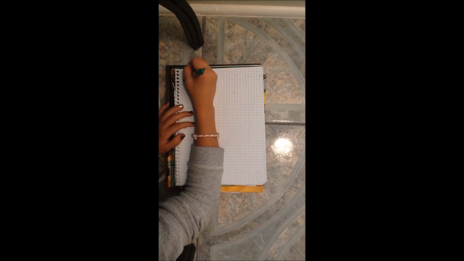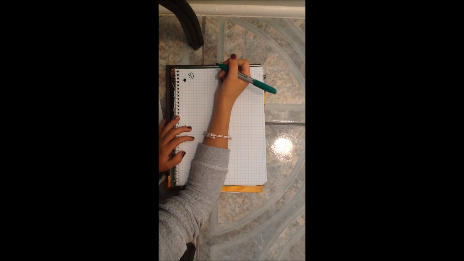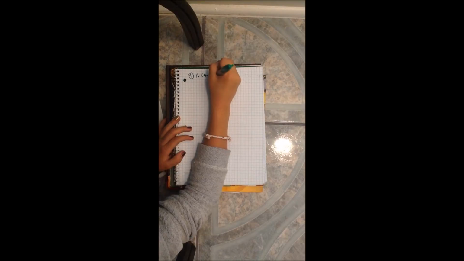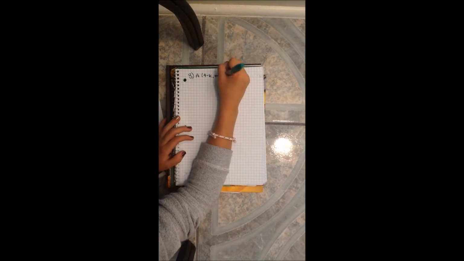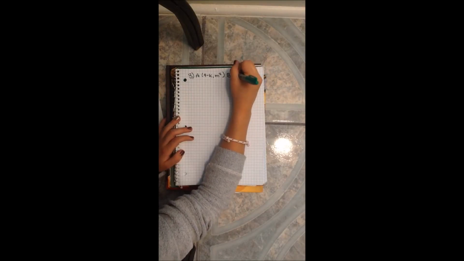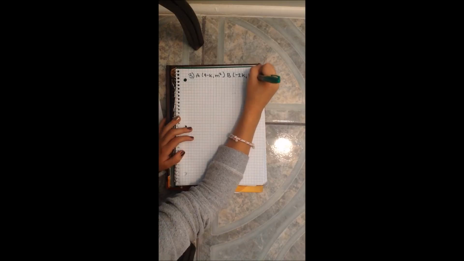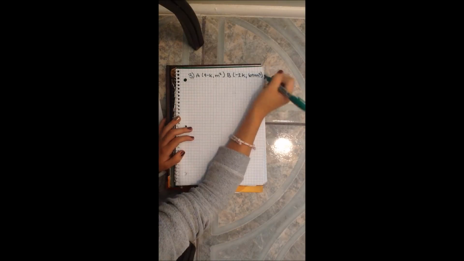Number 3 is also to find what the variables are. Point A is 4 minus k comma m squared, and my B point is negative 2k comma 6 plus m squared.